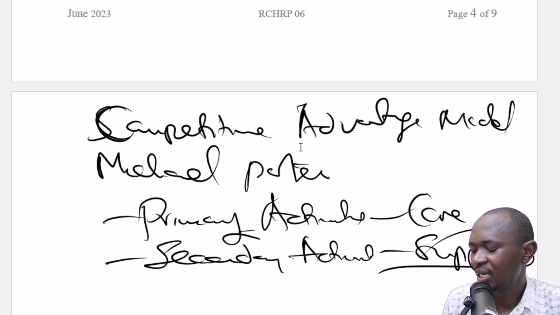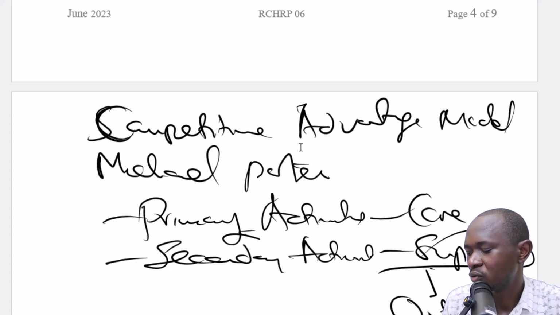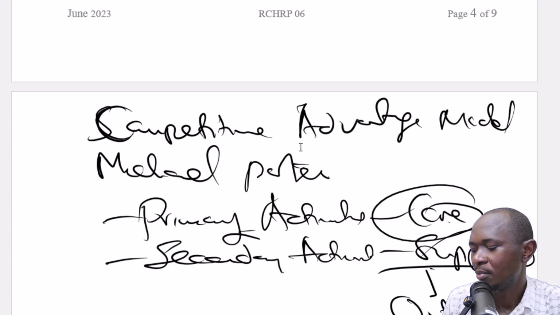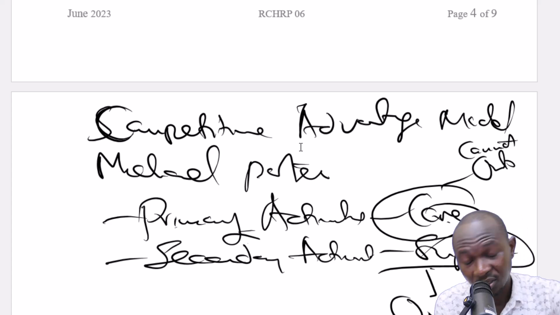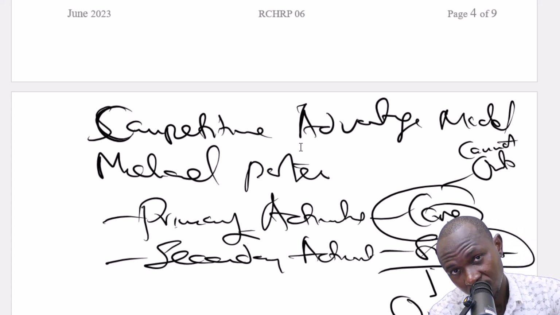What the whole model says in short is that the support activities can be outsourced to other people who can do them better. But of course, the core activities cannot be outsourced.